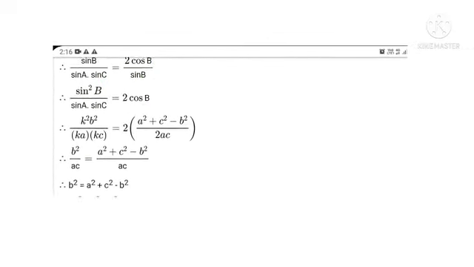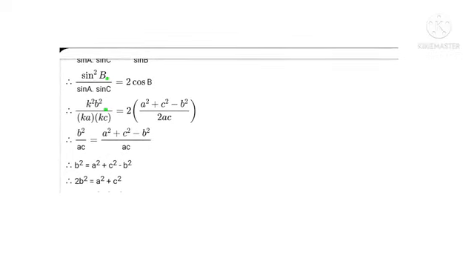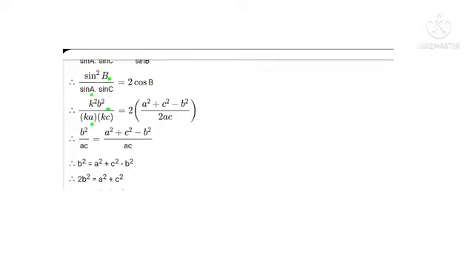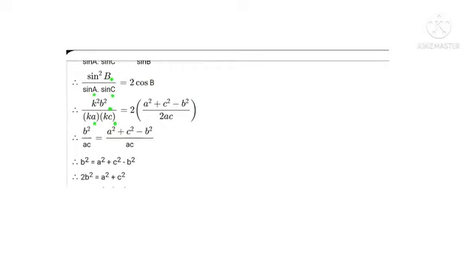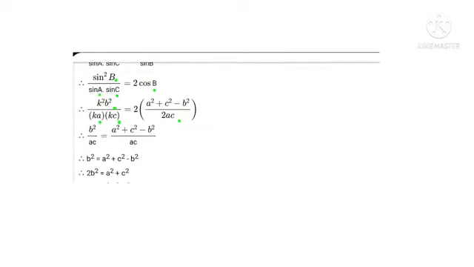Now here you put the value. sin B value is kb, means k square b square, sin A value ka, sin C value kc. 2 as it is, cos B is (a square plus c square minus b square) upon 2ac.